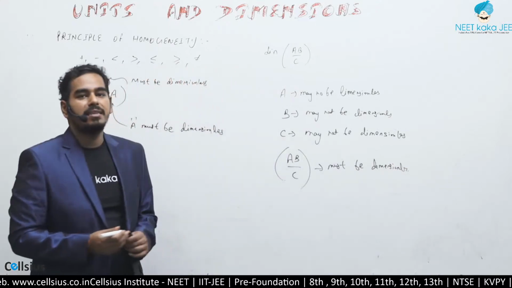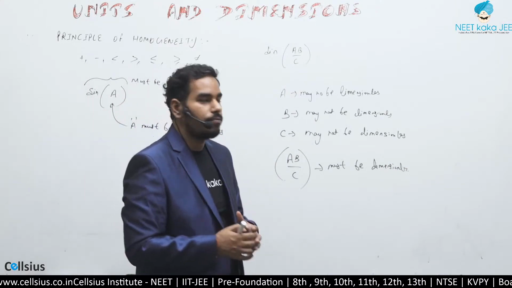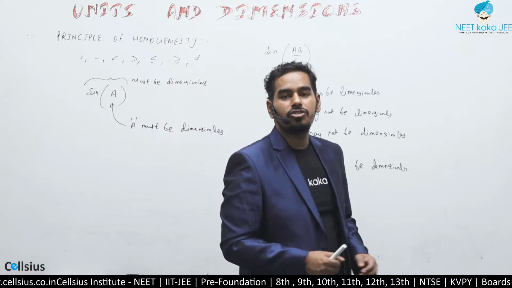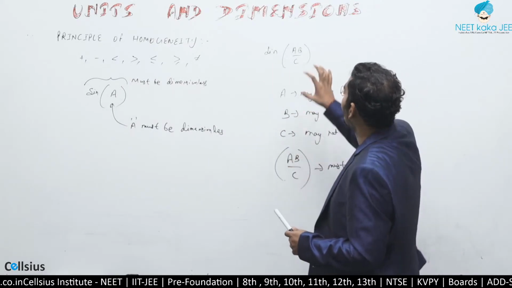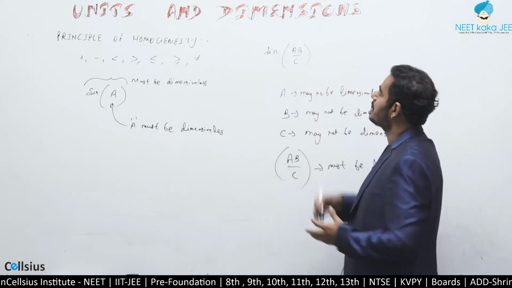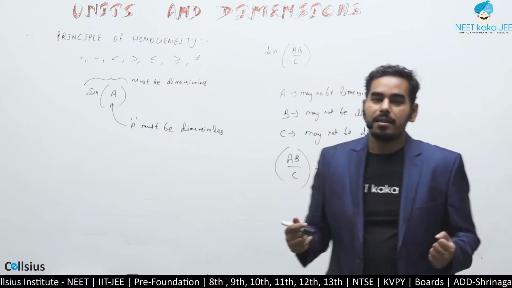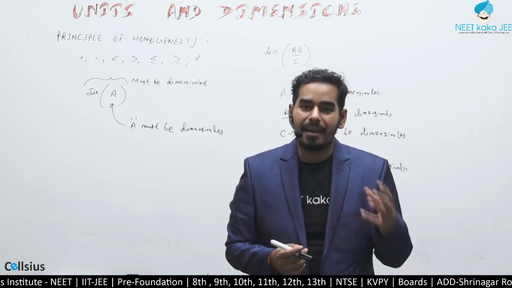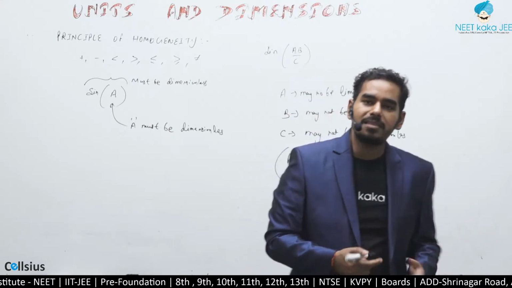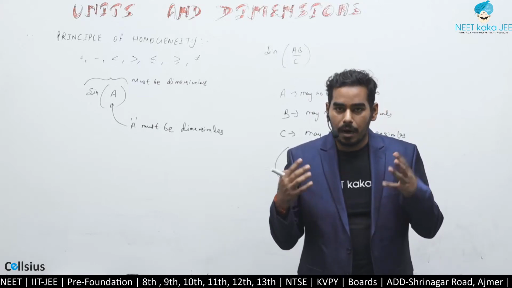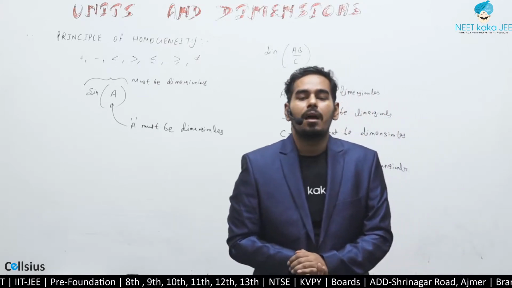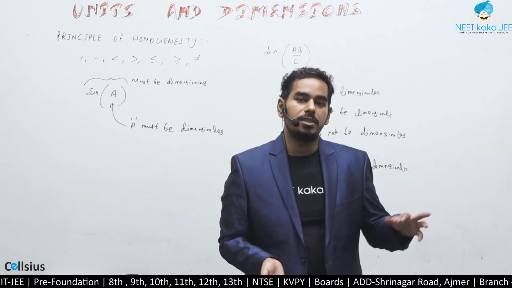Why must AB by C be dimensionless? What's the reason for AB by C to be dimensionless? Because AB by C is an angle. If AB by C is inside sine, then AB by C must be an angle, and angles are always dimensionless. Remember one thing, that if a question in examination asks you, are all dimensionless quantities unitless?